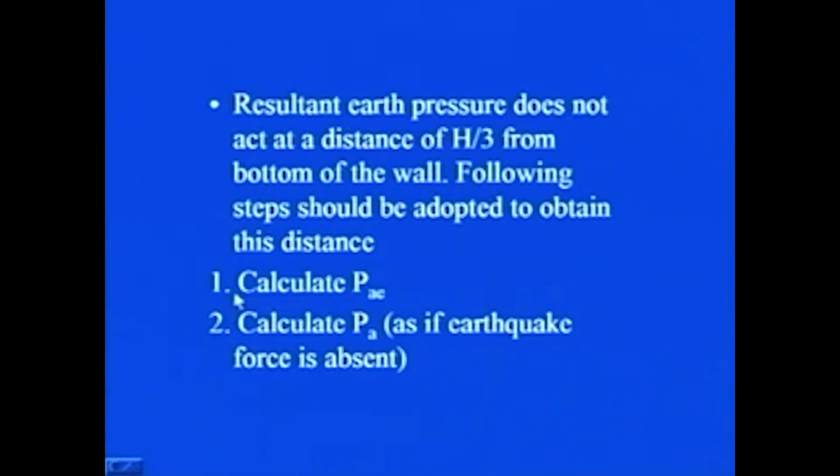First of all, we need to calculate PAE. As I gave you the expression, knowing the values of Kh, Kv, KAE, you can calculate PAE. Then you assume that there is no earthquake present, that is all earthquake forces are absent, and in the simple manner you can obtain the value of PA as we did for any normal condition.